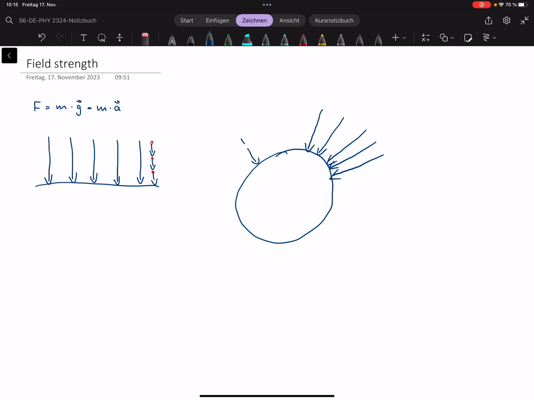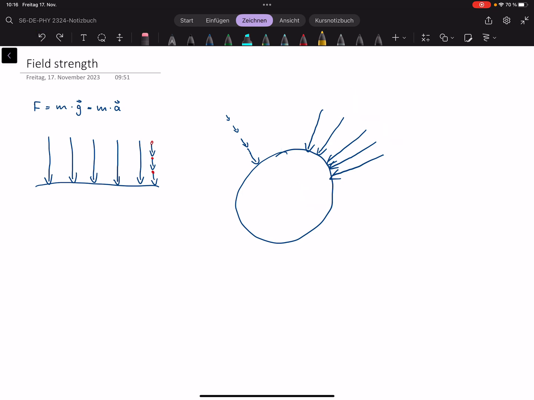So indeed it was more like this. And again, when we look at that one here, we don't see it, because the arrows have all the same length, and so we only have the direction of a force at a certain point here in this field.